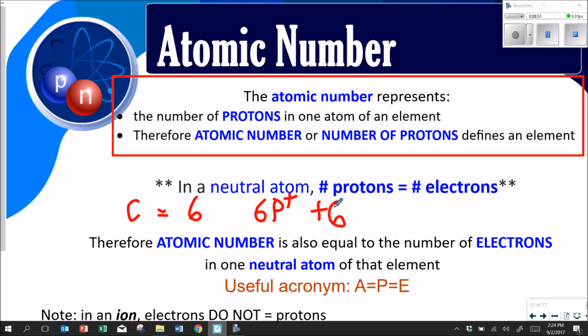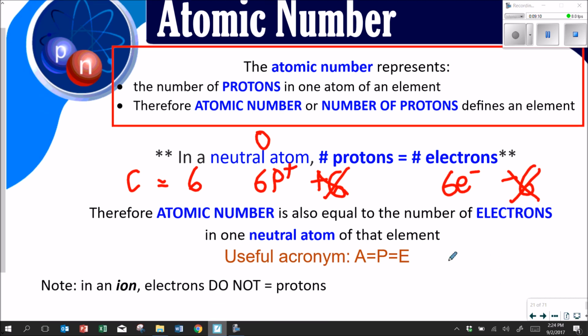So carbon has to also have 6 electrons with a total negative charge of negative 6, so that the positive 6 and the negative 6 cancel each other, and we end up with a neutral atom with a charge of 0. Therefore, the atomic number is also equal to the number of electrons in the neutral atom.